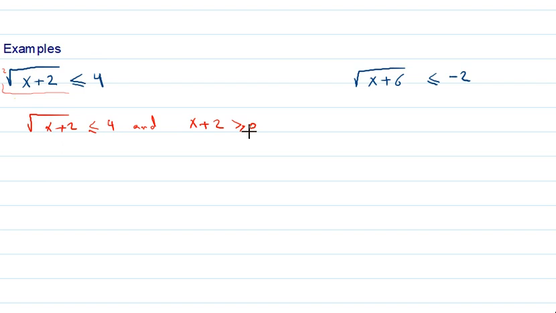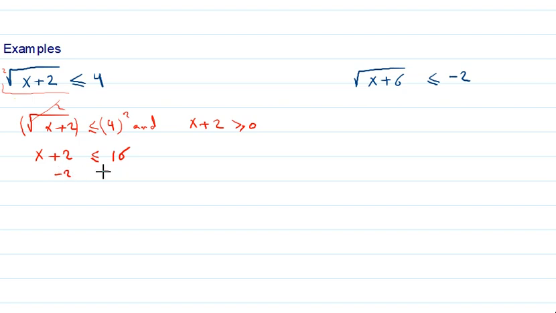This is using the negative radicand property. Now raise both sides of the inequality to the power 2 in order to get rid of the radical. So we have x plus 2 is less than or equal to 4 squared, which is 16.